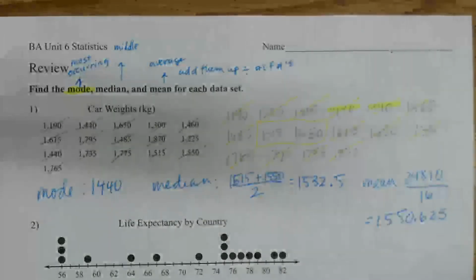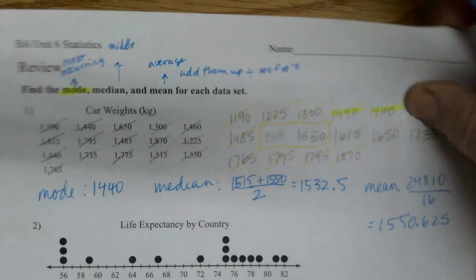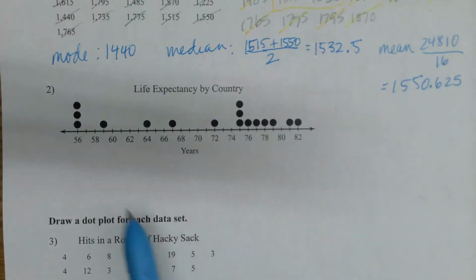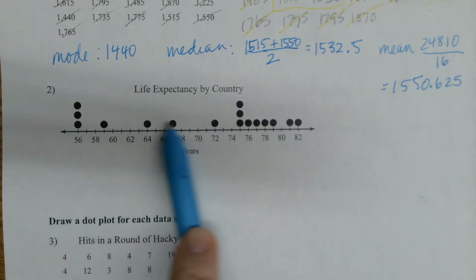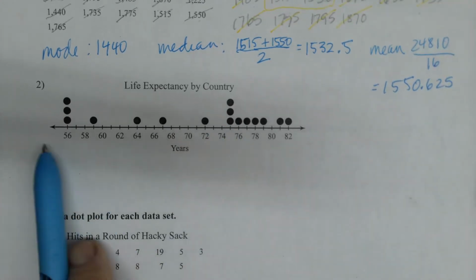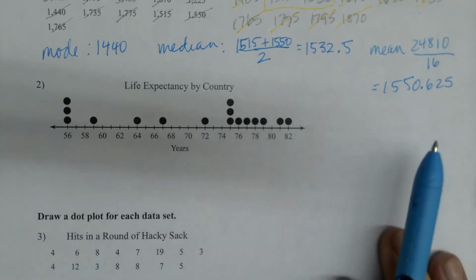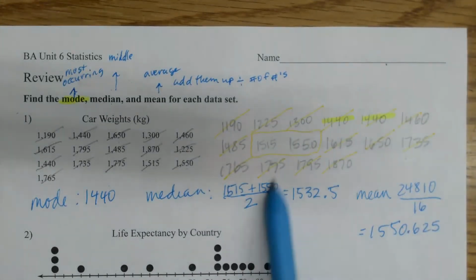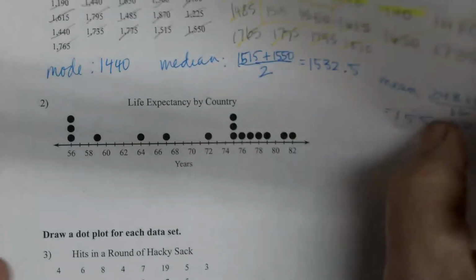Let's move on. Because we're going to do the same thing, find the mode, the median, and the mean, but this time we're going to have our data in a dot plot, and we're going to be making dot plots after we finish this problem. But remember, when you see a dot plot, the data is already in order. So where in number 1 I had to put it all in order, in number 2 it's already there for me.